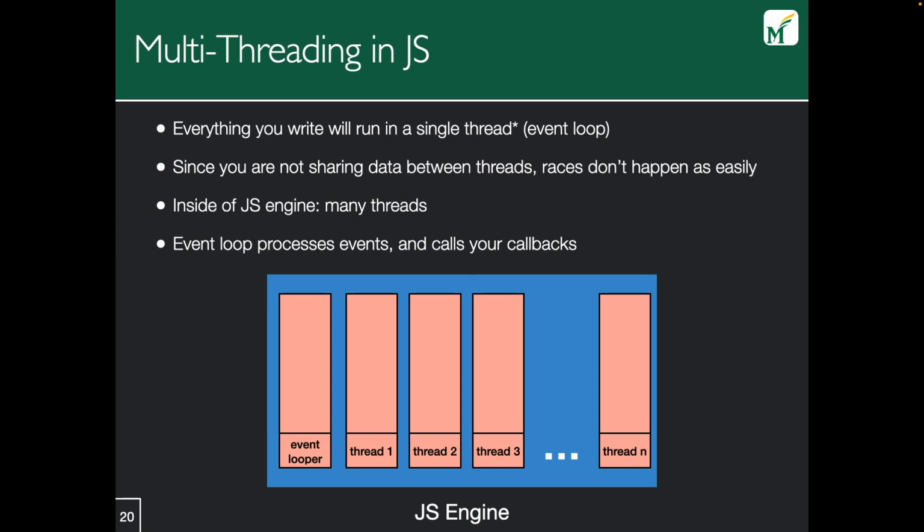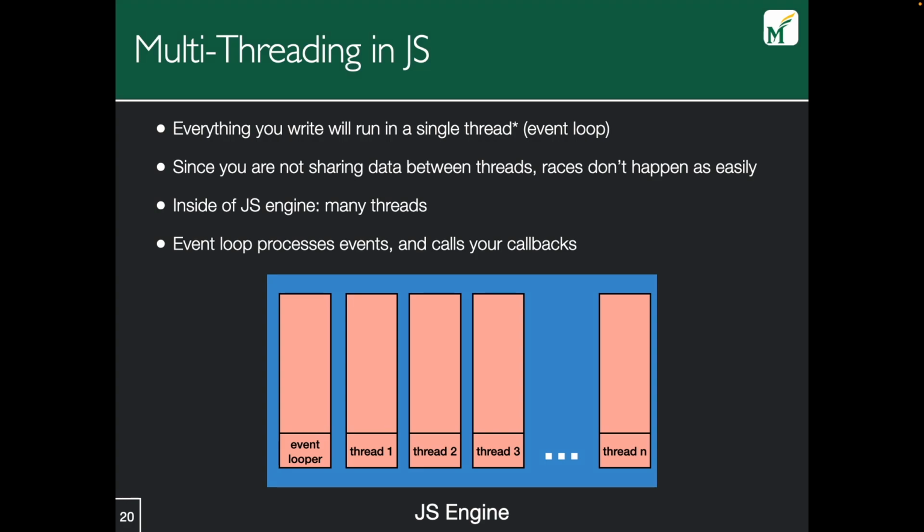You could think of this as basically a continuous do-while loop that is just executing the normal sequential code in your program. Then as this event loop comes across code that is asynchronous, so calls to an asynchronous library or something like that, it's going to spawn these off into different threads.